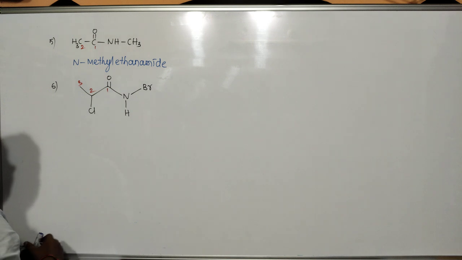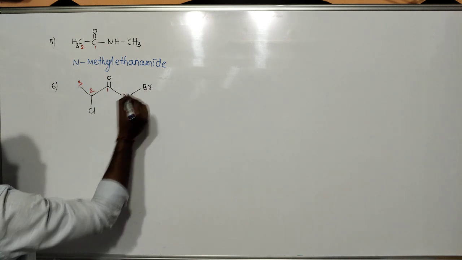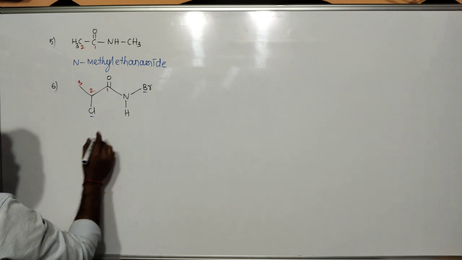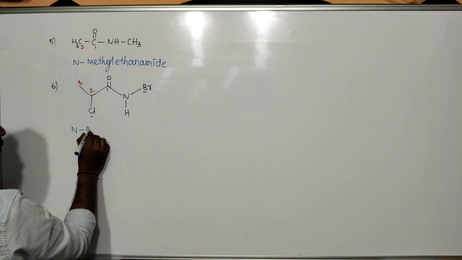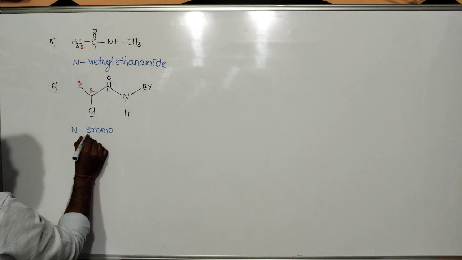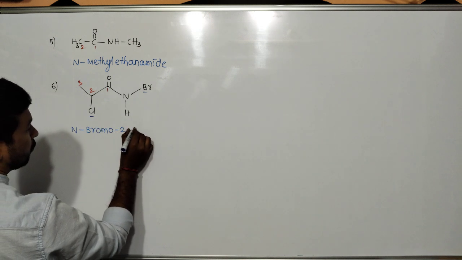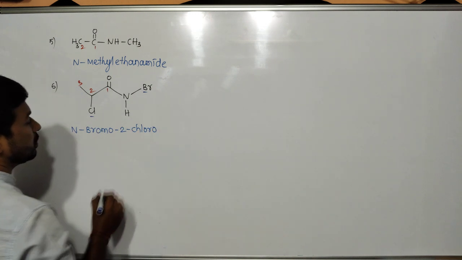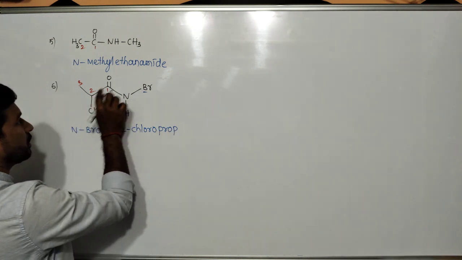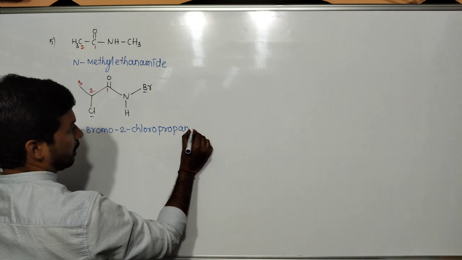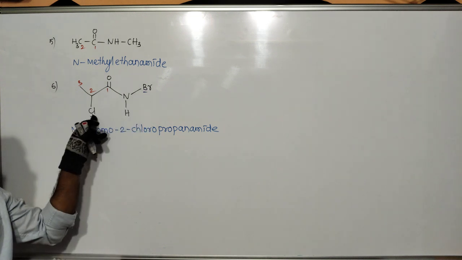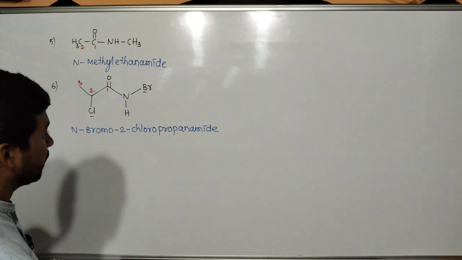At the second position chloro, on nitrogen bromo. Bromo begins with B, chloro begins with C. So first write bromo on nitrogen, so N-bromo. Do not consider N in alphabetical order; consider B, bromo, then 2-chloro. Secondary prefix is N-bromo, 2-chloro. Next root word is prop, ane primary suffix, amide secondary suffix. N-bromo-2-chloropropanamide is the IUPAC name of this molecule.